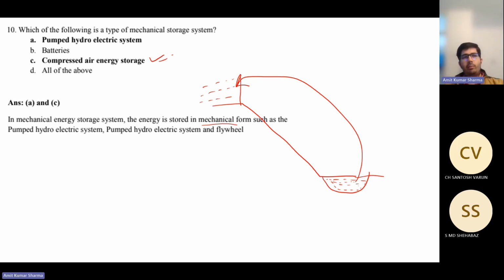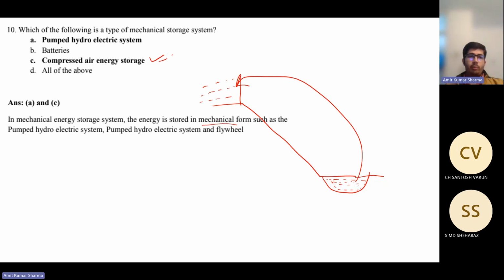The compressed air will be at very high temperature and high pressure, and when we require the energy, we can use it to generate steam, because the compressed air is at very high temperature, and we can run a turbine also. The compressed air will also be at very high pressure, so we can use the pressure difference to generate energy. Okay, in this way we can store energy in mechanical form.